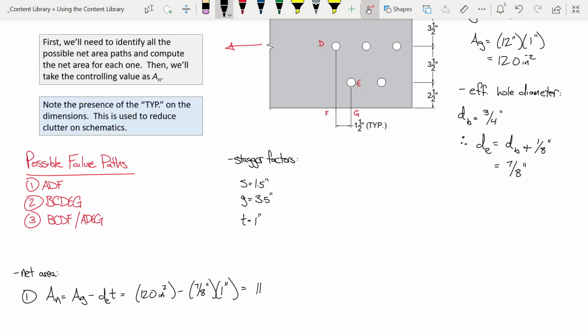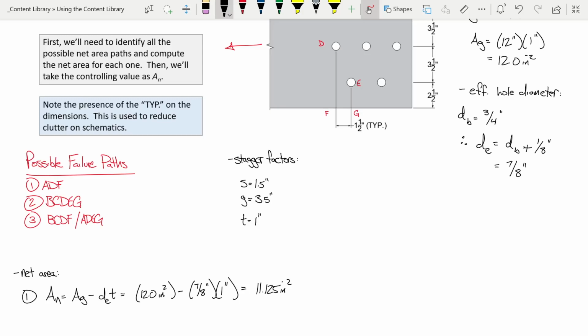That's going to be something like 11.125 inches squared. Is that right? Is that okay?